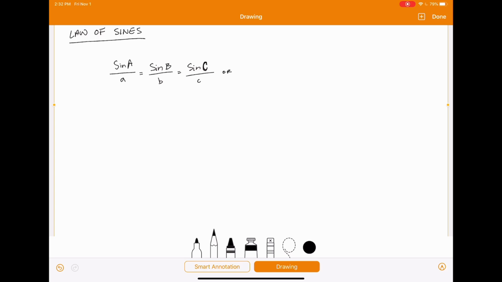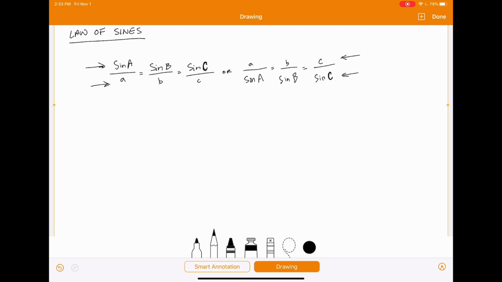You just have to remember to stay consistent like we were doing with similar triangles. So side A over the sine of angle A equals side B over the sine of angle B equals side C over the sine of angle C. All right, so again, keep all your sides on top, all your angles on bottom, or all your sides on the bottom, angle on top, and it won't matter as long as you stay consistent.